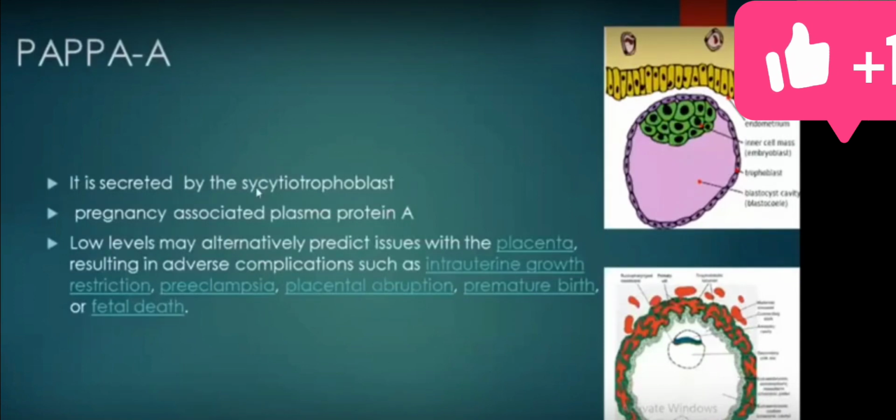Pregnancy associated plasma protein A is secreted from the trophoblast. The trophoblast further proliferates into two types, cytotrophoblast and syncytiotrophoblast. The syncytial trophoblasts secrete pregnancy associated plasma protein A. So when the level of pregnancy associated plasma protein A is low, there is an increased chance of an anomaly.